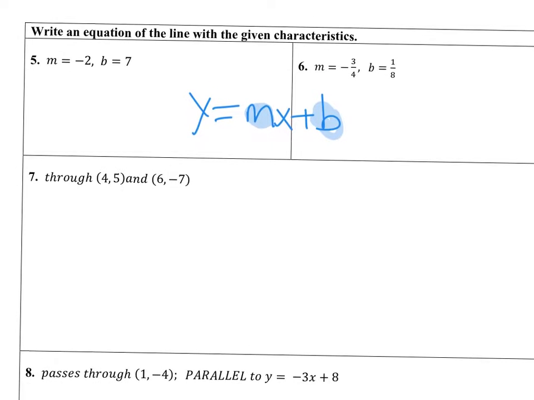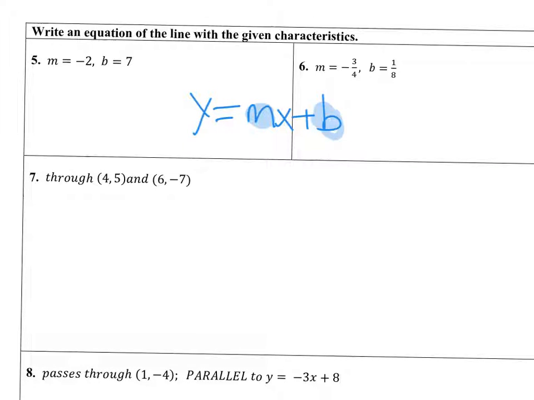Number 7, we want you to write the equation of a line, but first you need to figure out the slope. So remember, this would be x1, y1, x2, and y2. Remember, so first we're going to find the slope. Use this formula to find your slope.